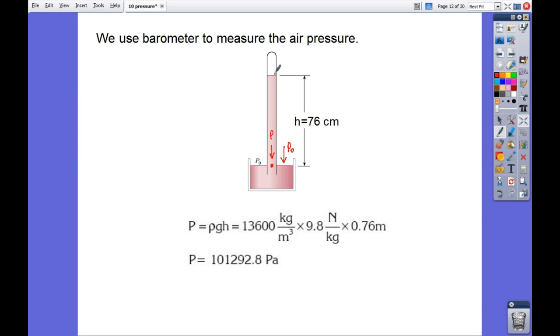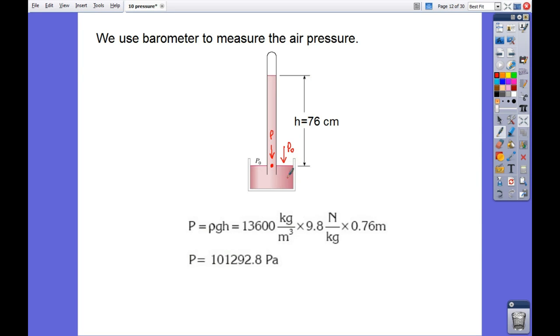So the height of this mercury indicates that the pressure at this point is equal to 1 atmosphere, or a mercury depth of 76 centimeter.